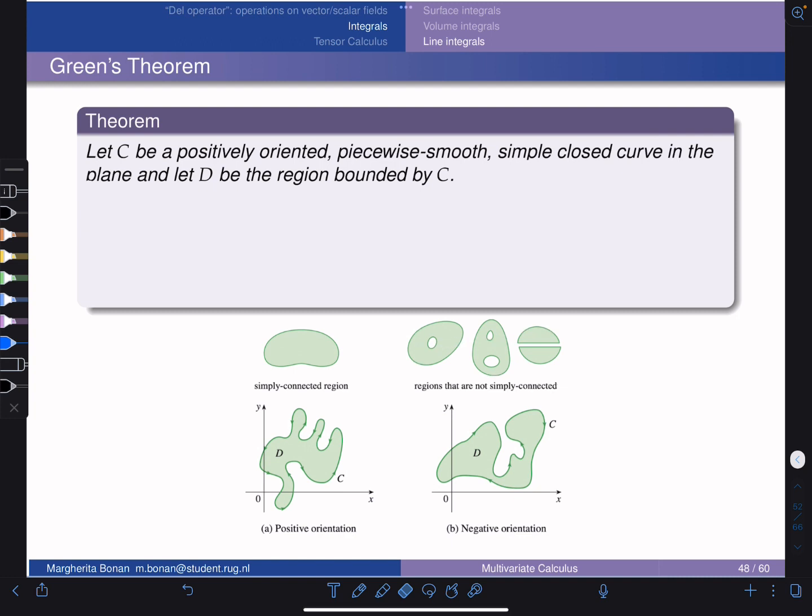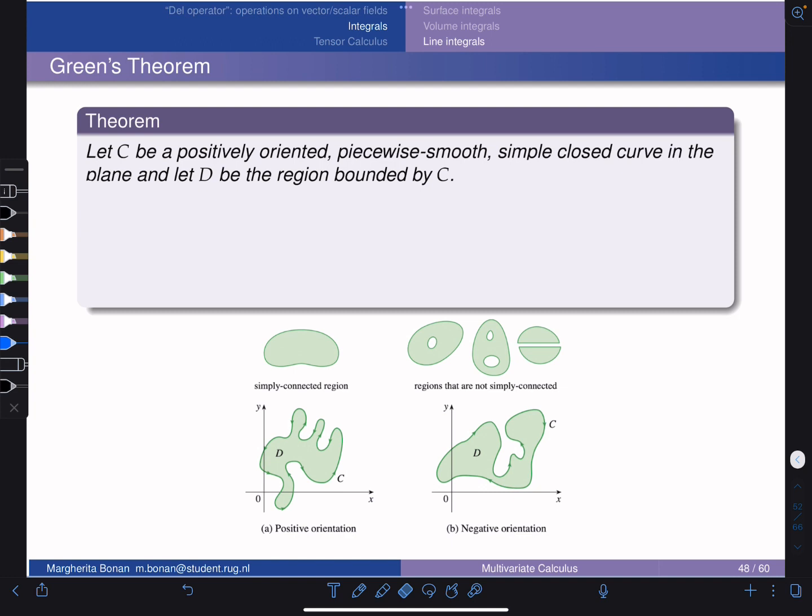So if we have this curve C that satisfies this condition, and D being the region bounded by C, then if P and Q have continuous partial derivatives, P and Q being part of the function that we want to integrate.